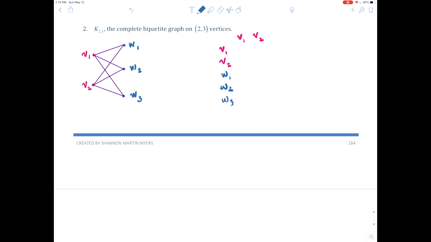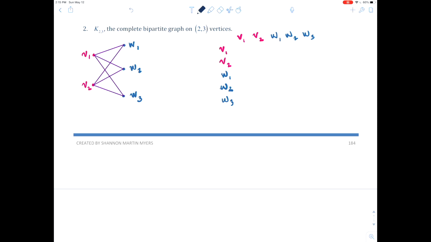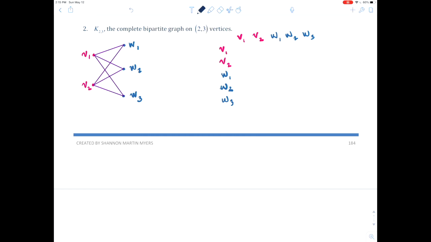And then you just go about it the same way as you did before. So notice that we now have a 5 by 5 matrix, and it will look like this.